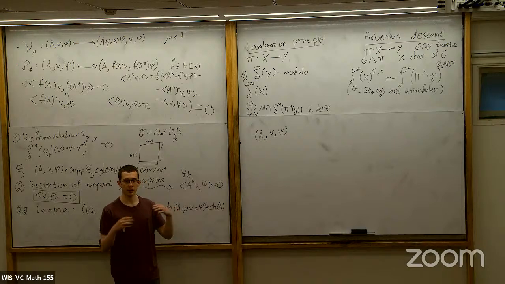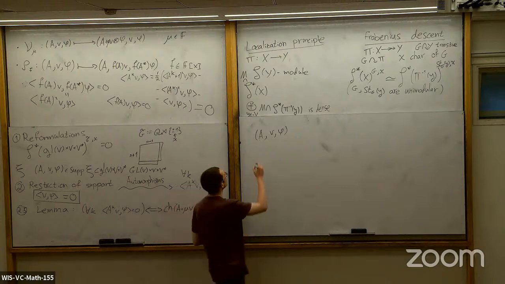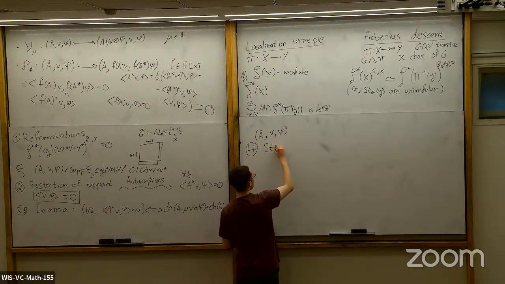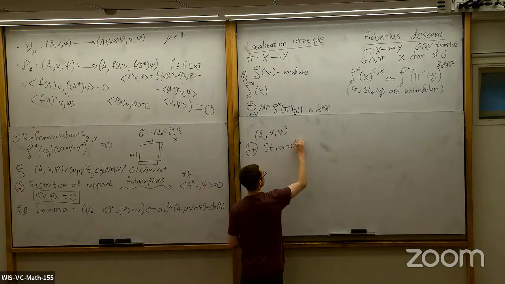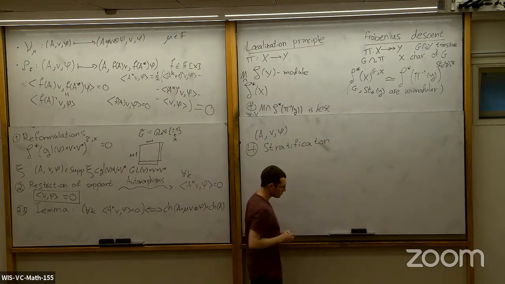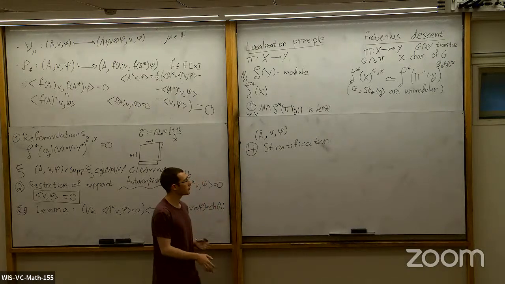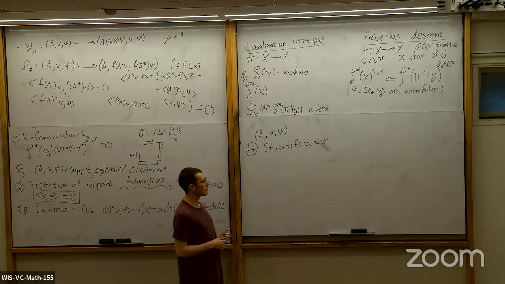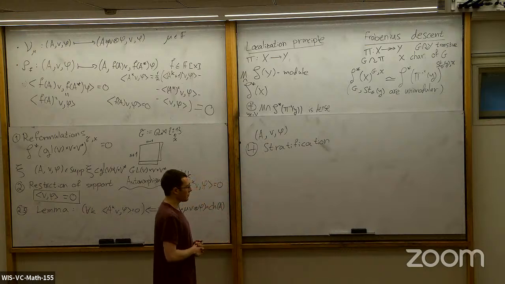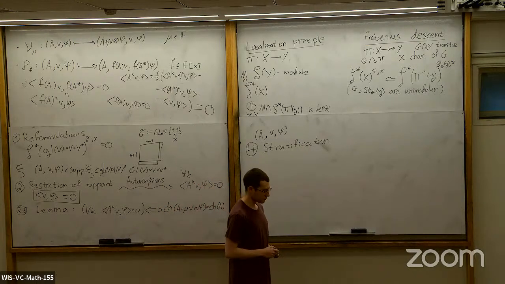If we have finitely many G tilde orbits, then we can use what is called the method of stratification to reduce to a single orbit. I'll say in a few words what it is. It's actually quite simple. And then on a single orbit, we can use Frobenius descent.